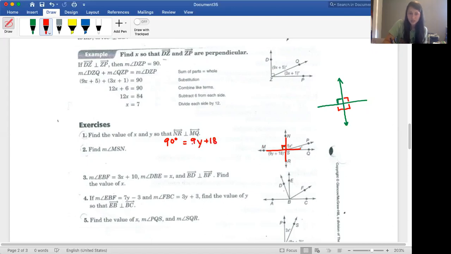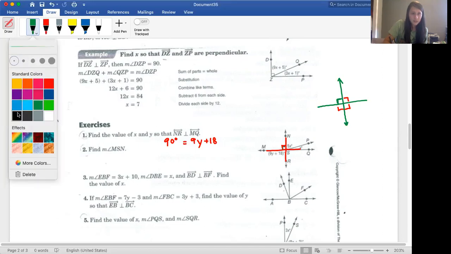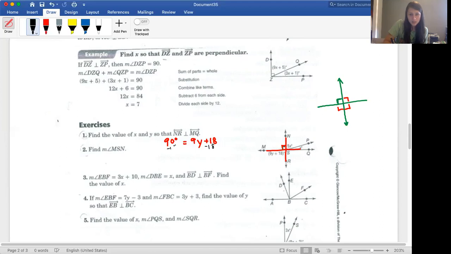So I can just do 90 equals 9y plus 18. So work this out. Subtract 18, 72 equals 9y, divide by 9, y equals 8. So y equals 8.